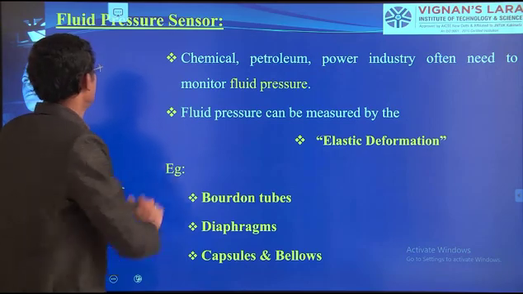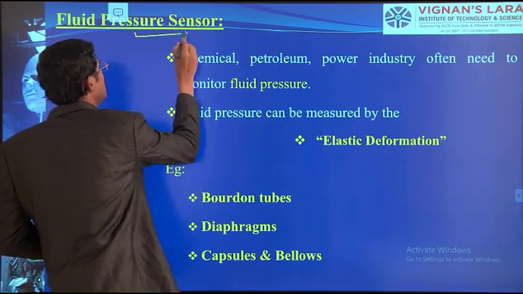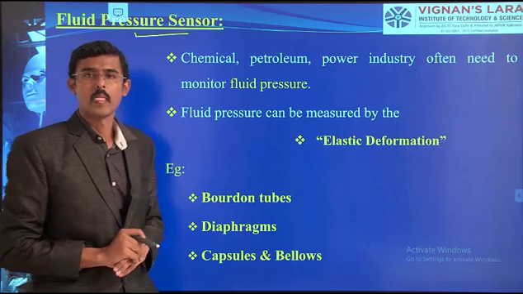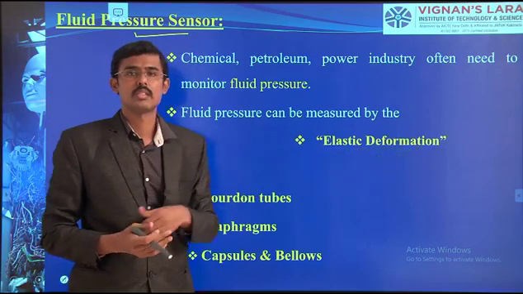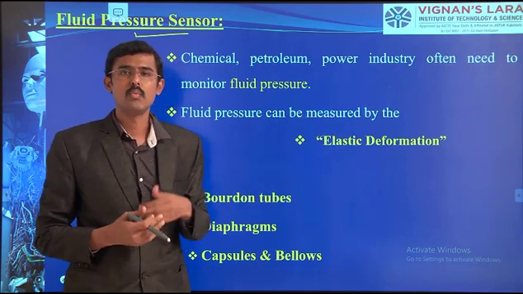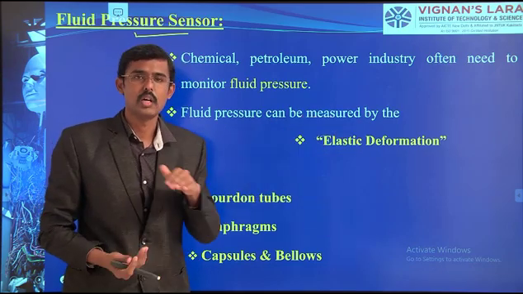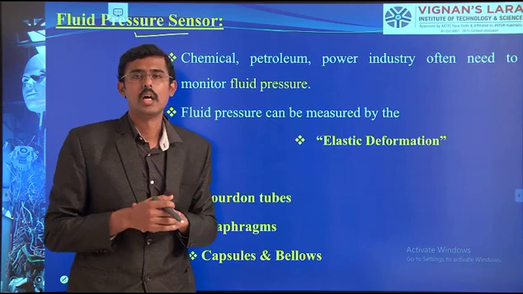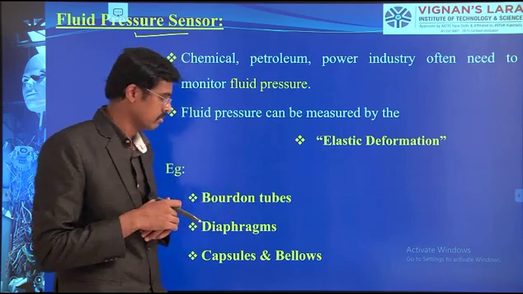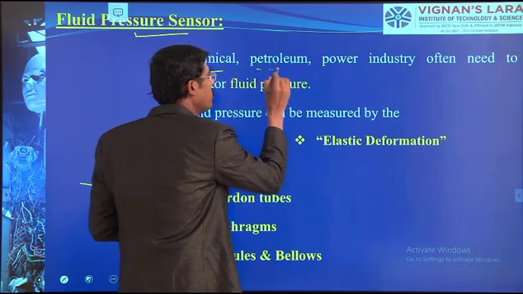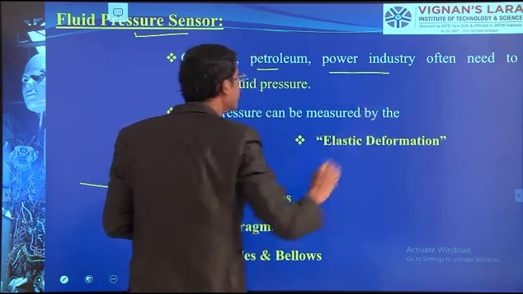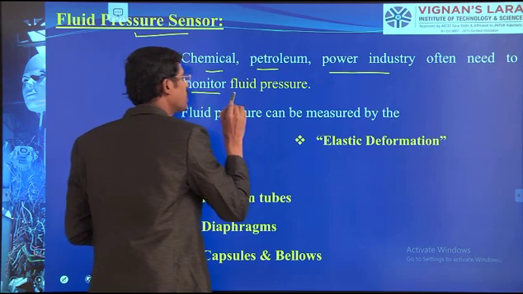Next we come to the topic of pressure sensor. We have seen the displacement, we have seen the movement velocities, we have seen the force applied. Now we are going to see about the pressure, or maybe fluid pressure applied, and how to determine those things. Chemical, petroleum, or power industries often need to monitor the fluid process.